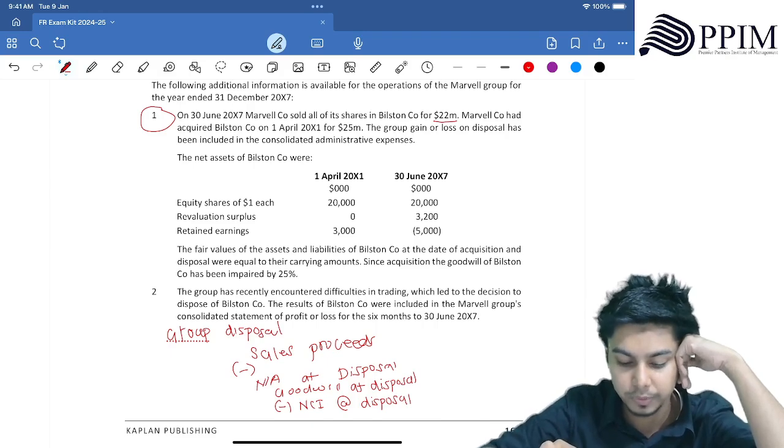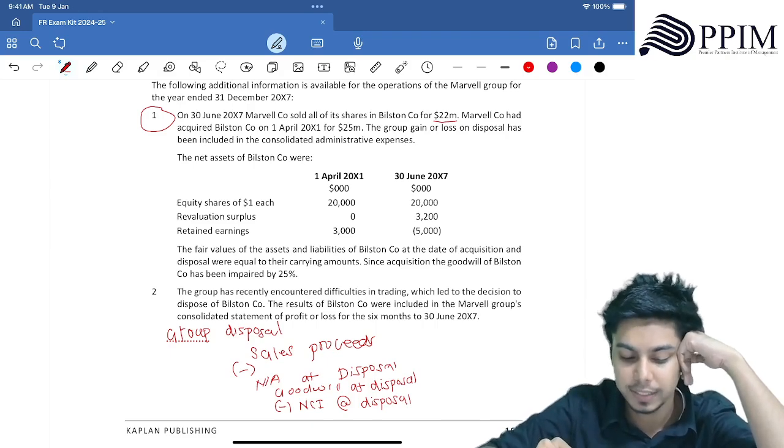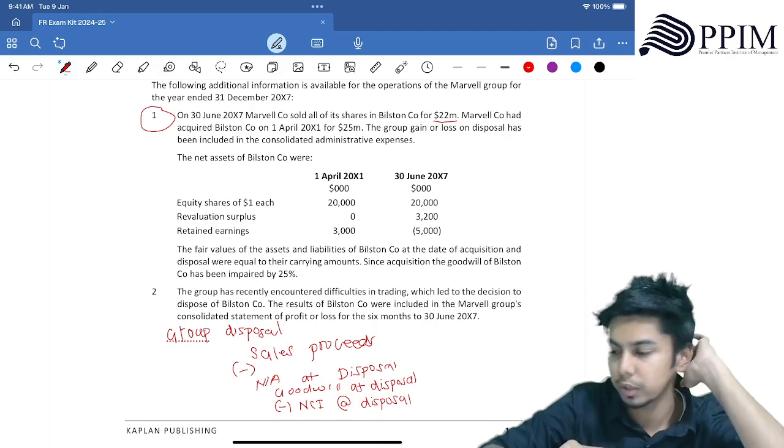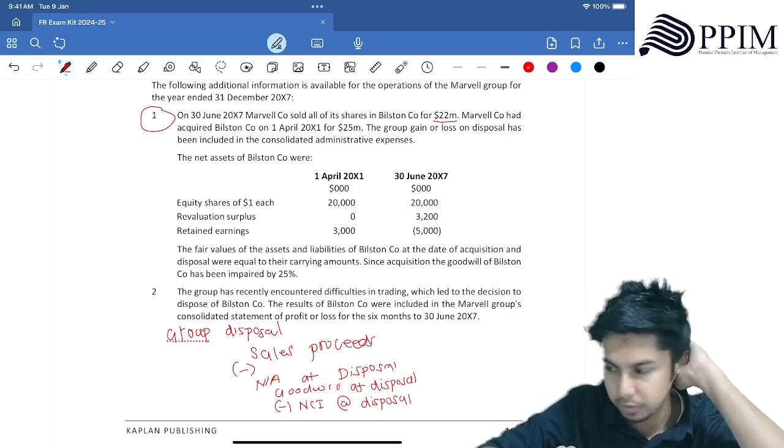Only by looking at the paragraph, can you get me the answer for group disposal? I'll give you around 5 to 10 minutes. Let's start on that one quickly.